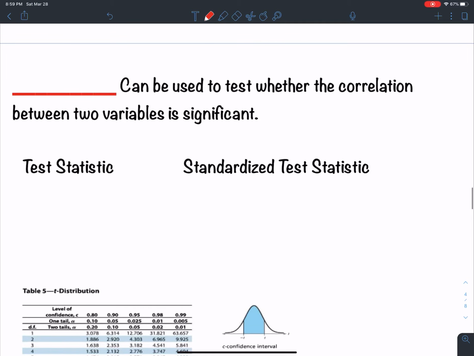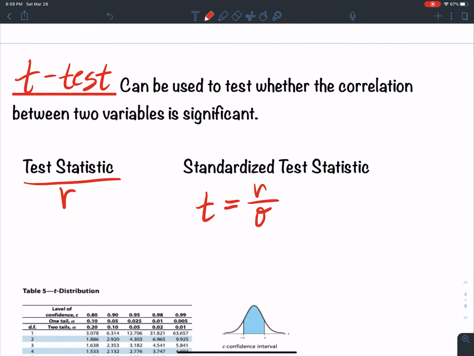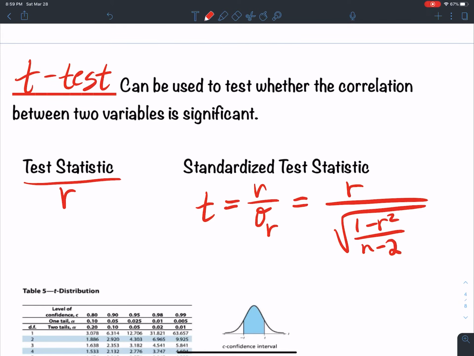The t-test can be used to determine whether the correlation between two variables is significant. The test statistic is R. The standardized test statistic is T equals R over the standard deviation of the correlation coefficient. This is R divided by the square root of 1 minus R squared over n minus 2.